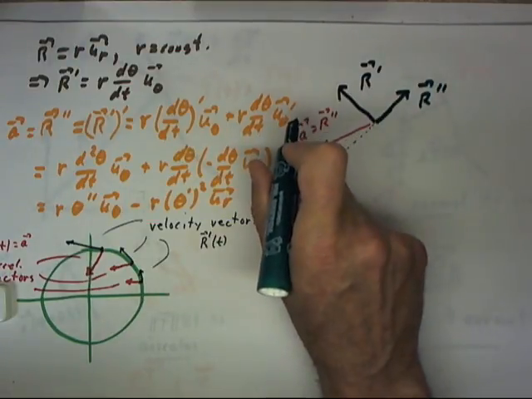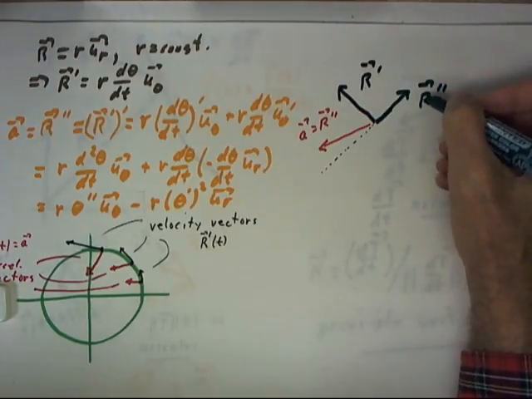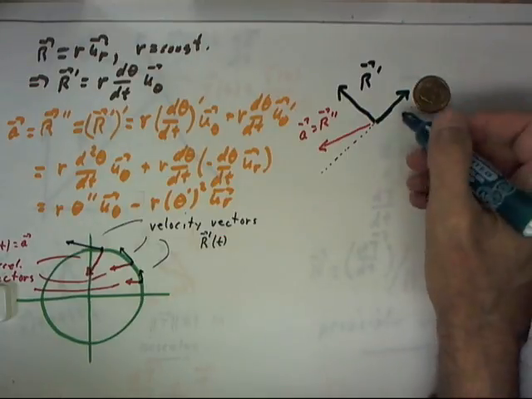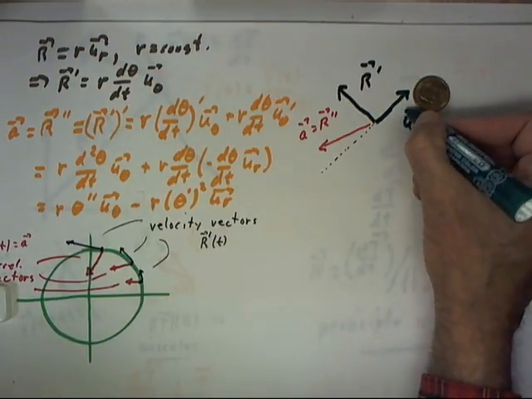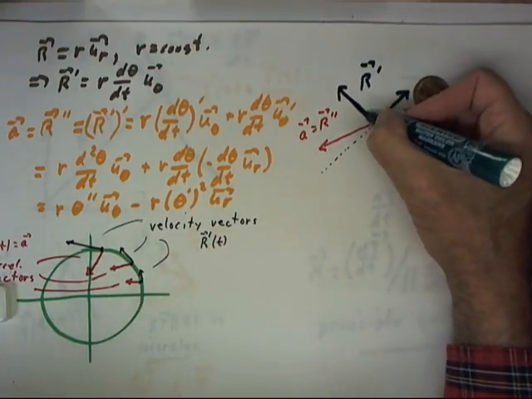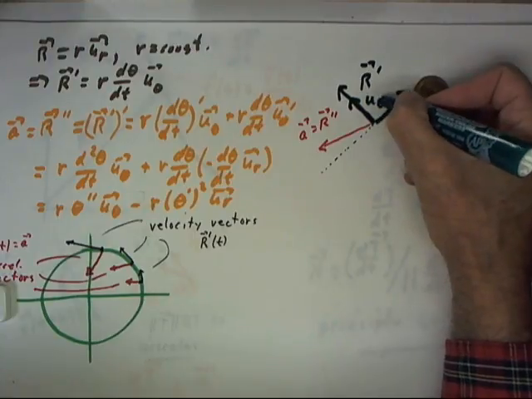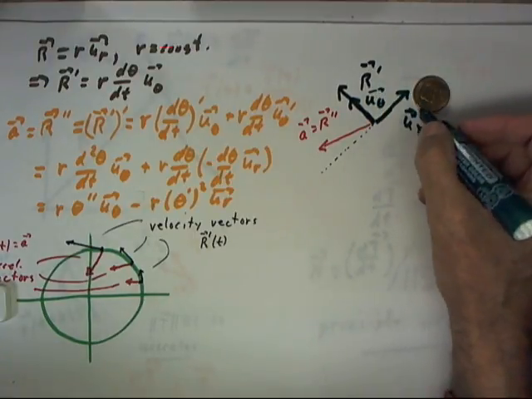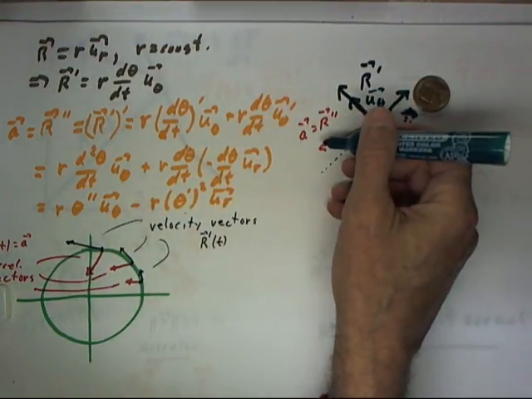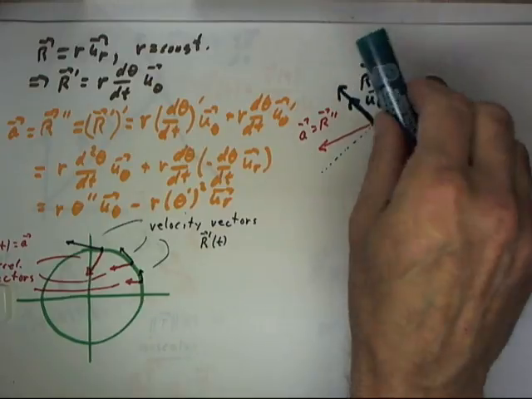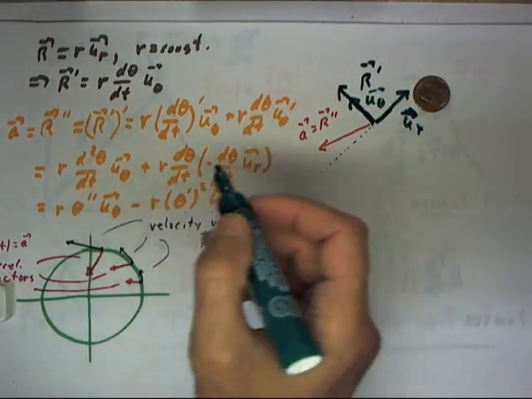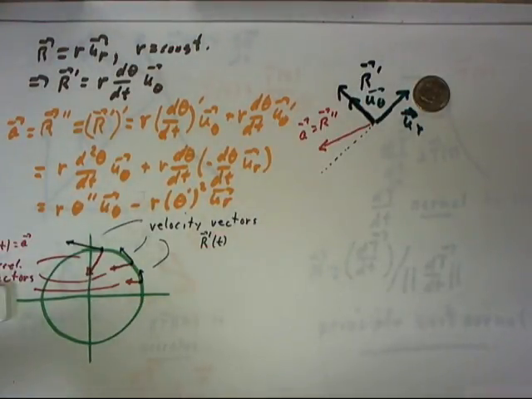I'm sorry, r double prime, our acceleration, and this is not r double prime. This would be our vector u sub r, and we'd also have a vector u sub theta. And the point I'm trying to make here is that r double prime has a component in the direction of u sub theta. It also has a component in the direction of u sub r, and these components are easily illustrated.